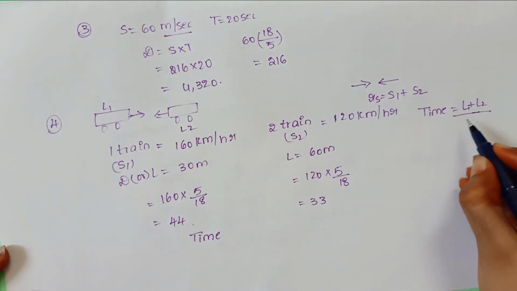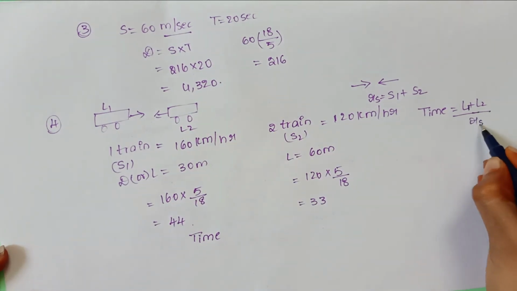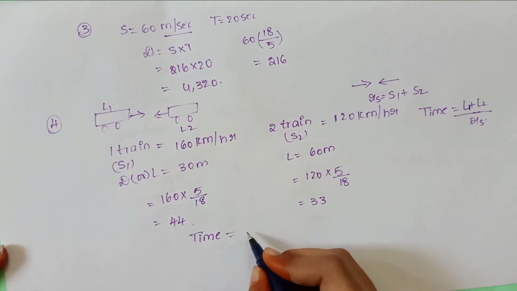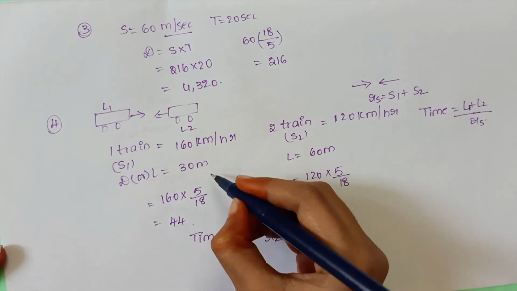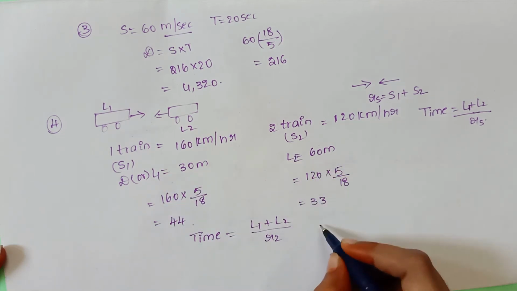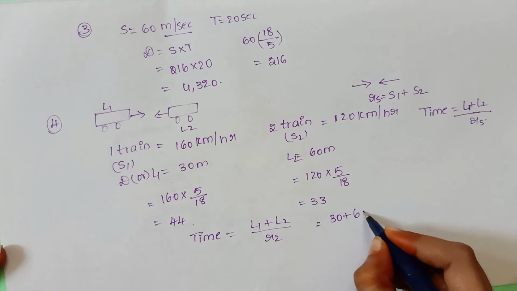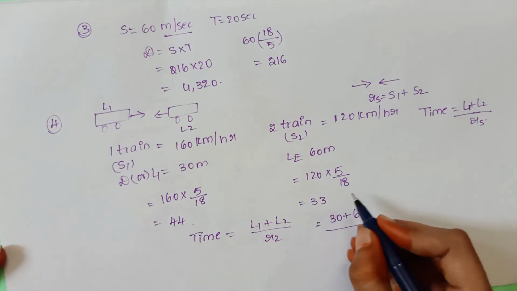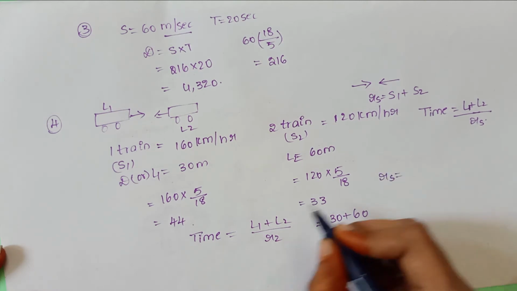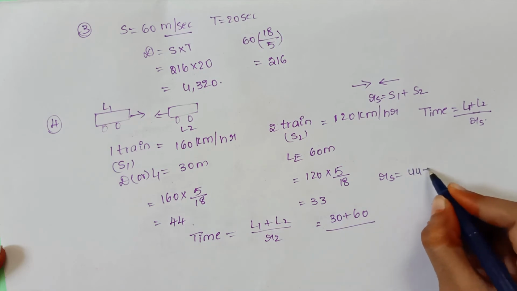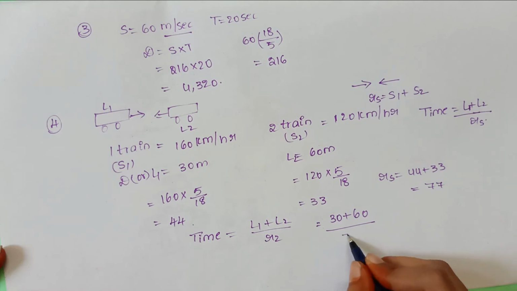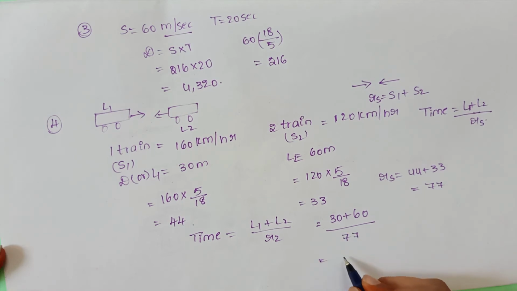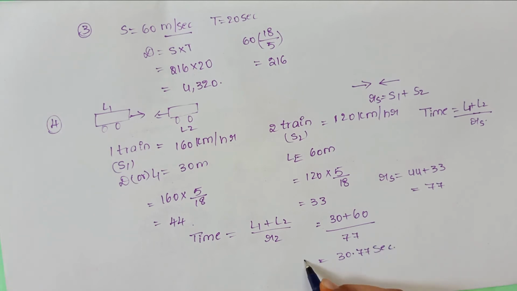So 30 plus 60 by RS means we want to add this 44 plus 33, 77. If we calculate, we'll get 30.77 seconds.